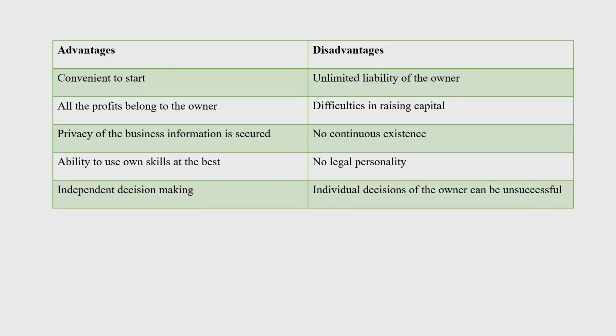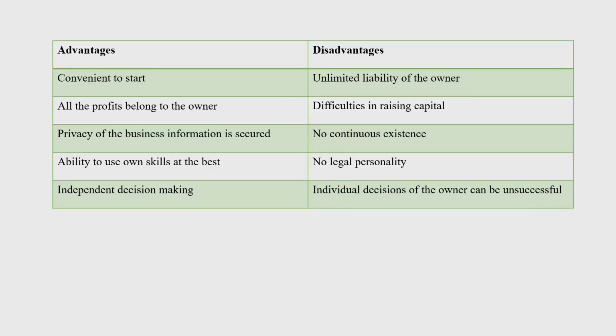Now let's discuss the advantages and disadvantages of a sole proprietorship. It is convenient to commence because there are no strict legal regulations and it is not mandatory to register. With minimal capital, one person can start a business.